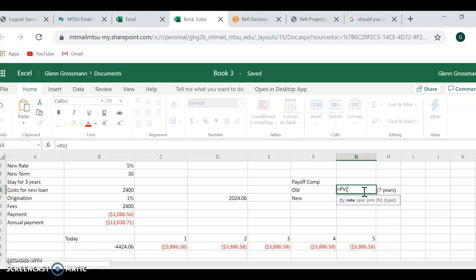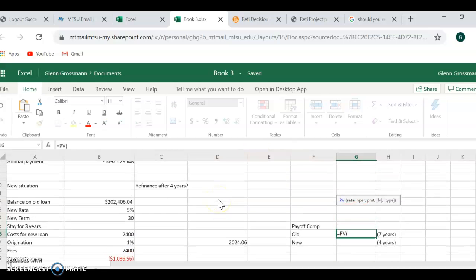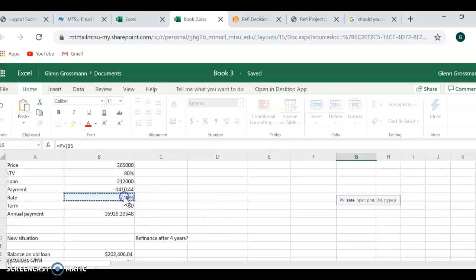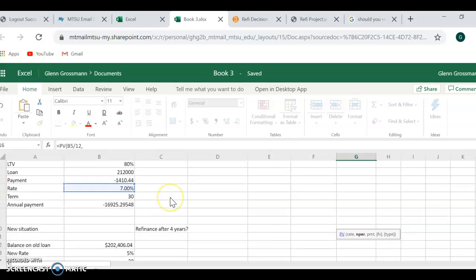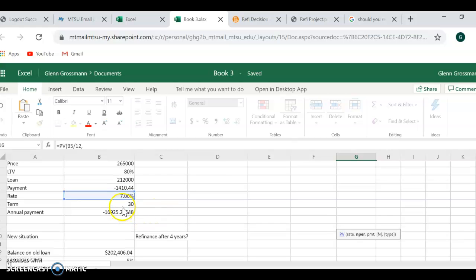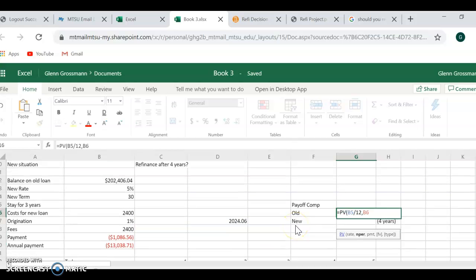And then we will go to our rate, which is going to be our old rate. And we'll do 7%, and then we'll divide that by 12. And then we will put in our 30 years for our terms, and then subtract that by our 7 years, which is still our old term.